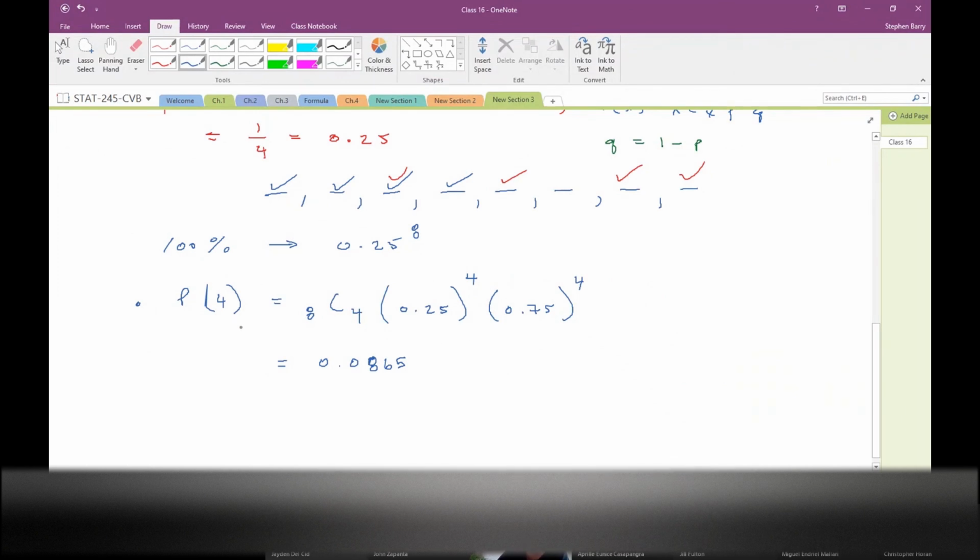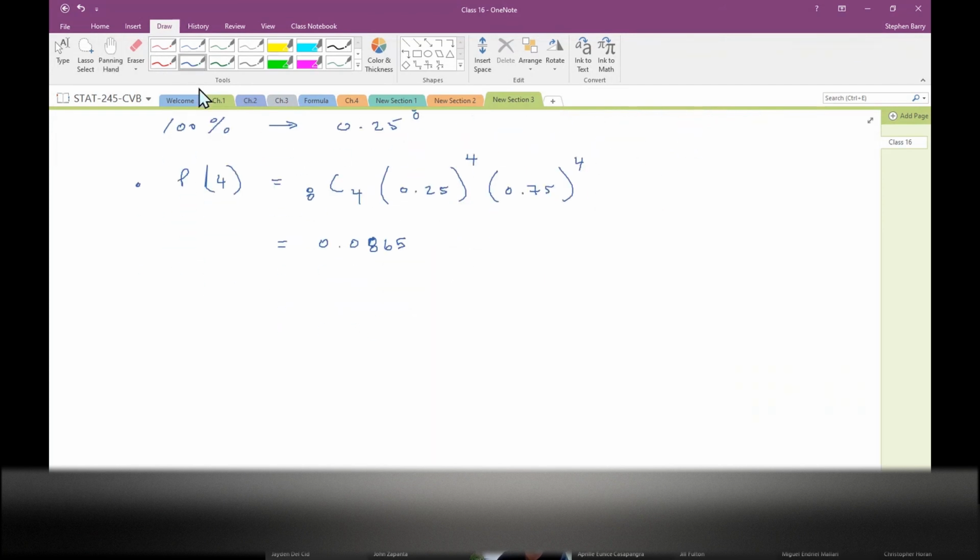But this is where this becomes more interesting. To actually pass, you could also get 5, 6, 7, or 8 correct. Right? The probability of passing is not just the chances of getting 4. The probability of passing is the probability of 4 plus the probability of 5 plus the probability of 6 and so on. And that's where Excel is going to come to our rescue. To actually answer this question, to pass, really you need to figure out the probability that x is greater or equal to 4.